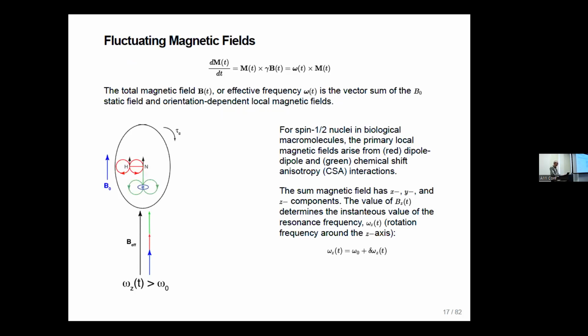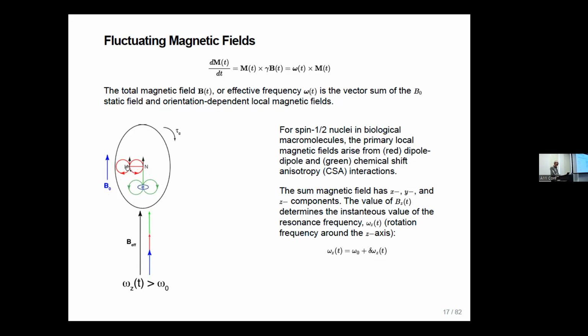And the important thing is the field is the sum of all the fields. So we have a B naught field, and in the absence of the RF field, we have any local magnetic fields internal to the molecule. For example, if we think about a nitrogen 15 spin sitting here, there's the big B naught field that I've shown in blue.